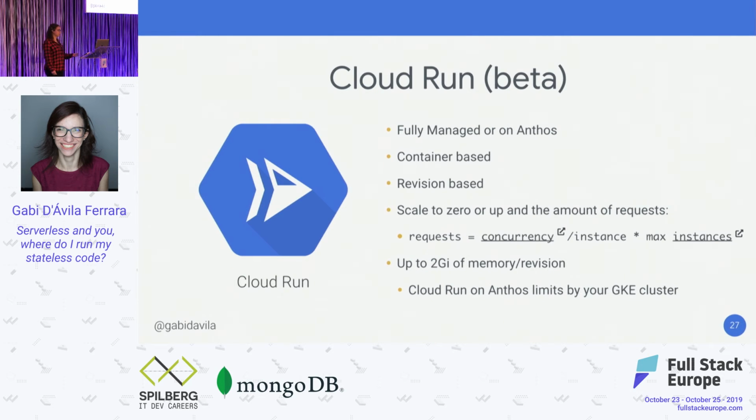I can scale to 0 or up to this amount of requests, and usually the default is 80 instances. It spins up 80 instances, builds the Docker file again, the last image you deployed. And it can be up to 2 gigabytes of memory. For instance, if you're using Rails, you're going to use the 2 gigabytes of memory. There's no other way.